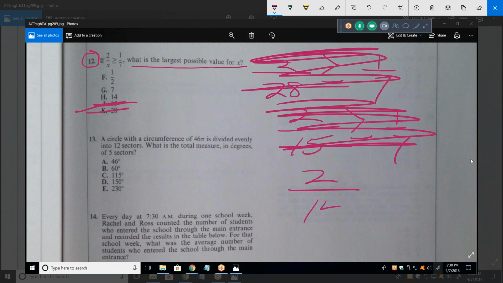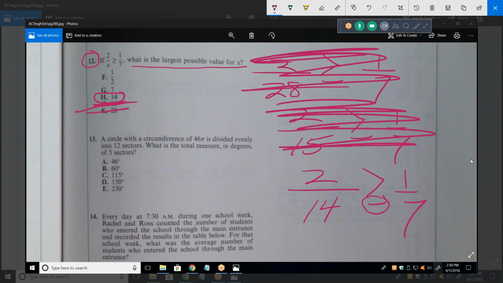Is this greater than or equal to 1/7? No. I thought it was, but it's not, right? What's 2/14 equal to? 1/7. Well, 1/7 is greater than or equal to 1/7. This part right here makes it equal. Yeah. So that is the answer. That is the largest possible value for x.